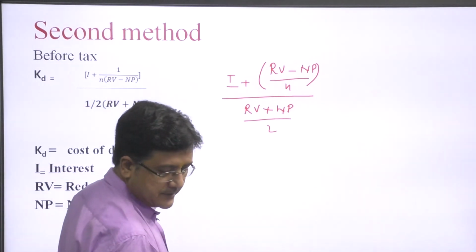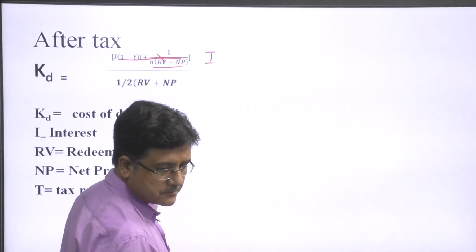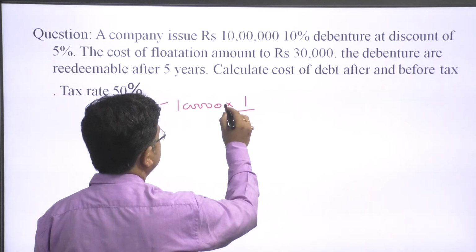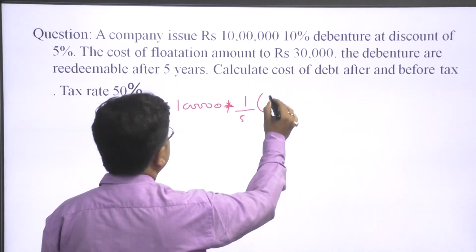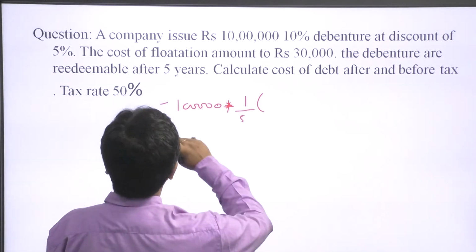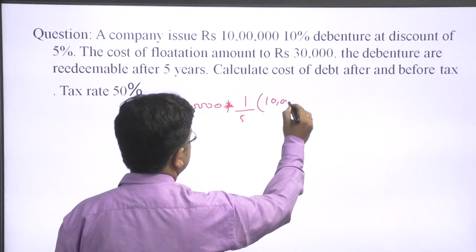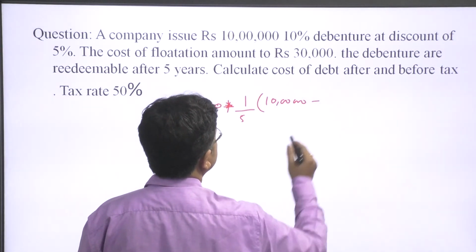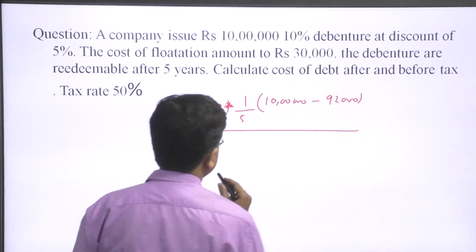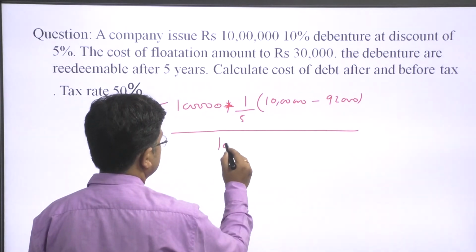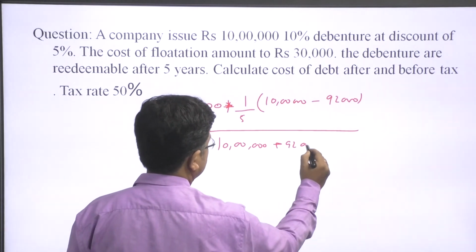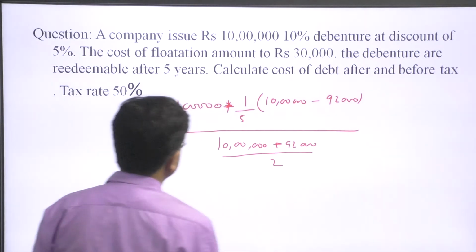So, in the next slide, n is 5, RV plus NP, with a plus sign, where RV is 10 lakh rupees, minus NP, divided by 5, whole divided by RV plus NP by 2.